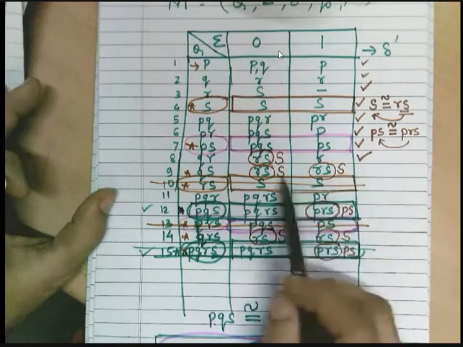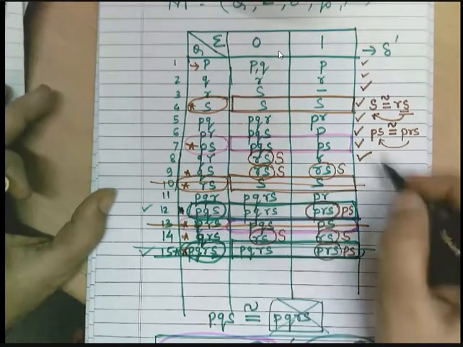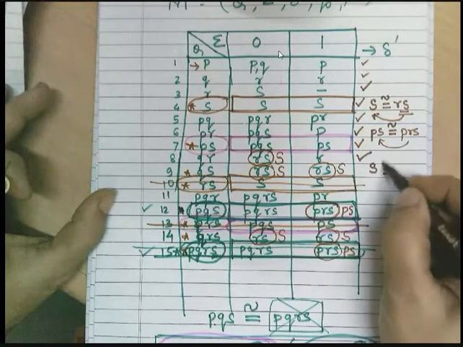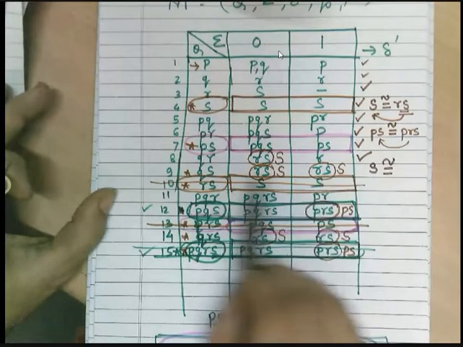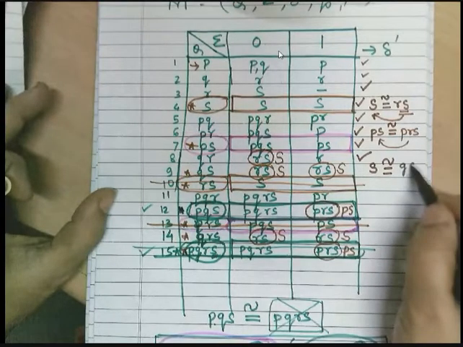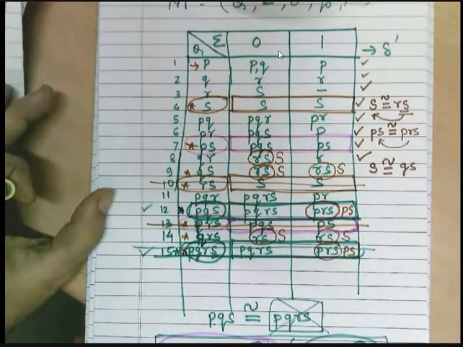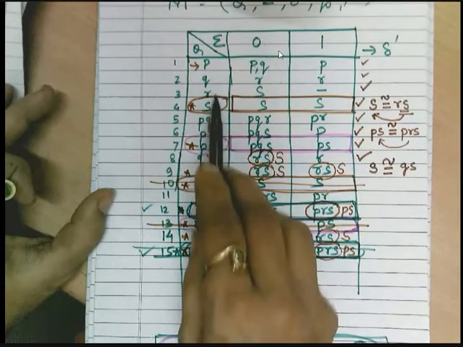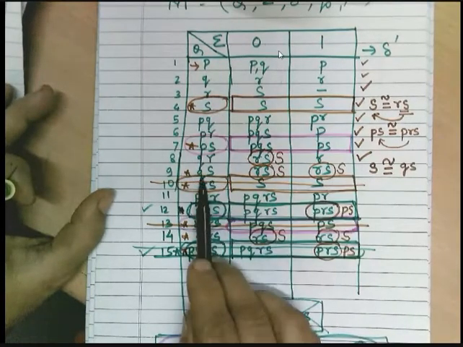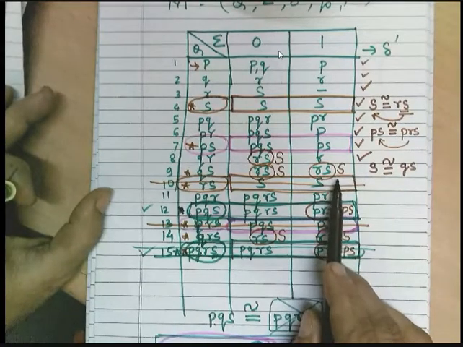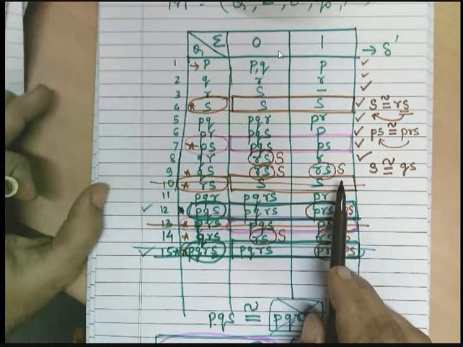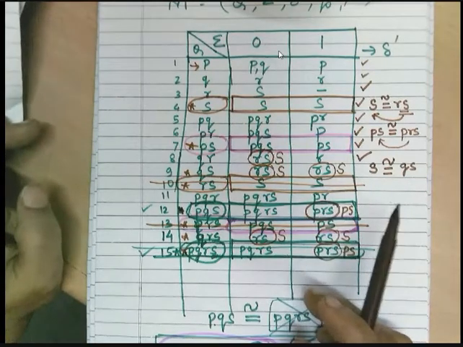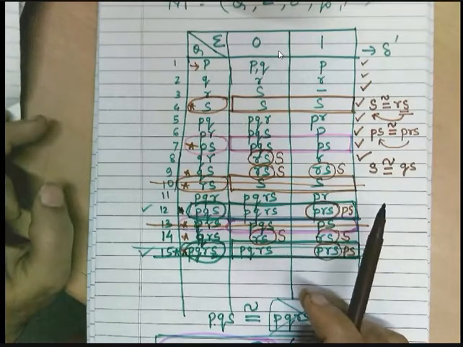Once again, S is equivalent to, where it is? QS. Right? S is equivalent to QS. So the state number 9, that is also going to be minimized, right?